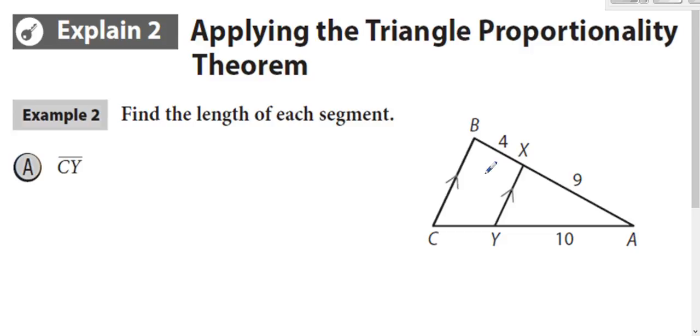So here we have the lines are parallel because it's marked that way. We're supposed to find CY, which is right there. So we're going to set up our proportion. We can take 9 over 4 equals 10 over x.